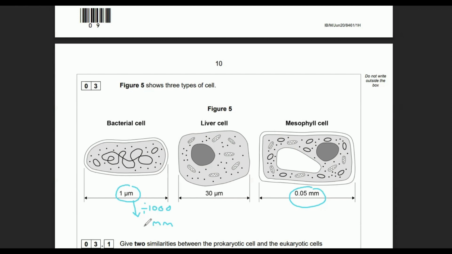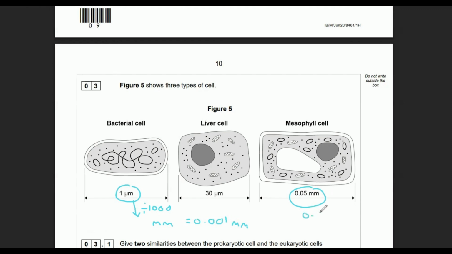So 1 divided by 1,000, what are we going to get, folks? What is that? 0.001? I believe so. Let's check it out on the calculator just so I don't make a huge floppage. Yeah, 0.001 millimeter. I've now got them both in millimeters. That's the bacterial cell. How many times bigger is the mesophyll cell?